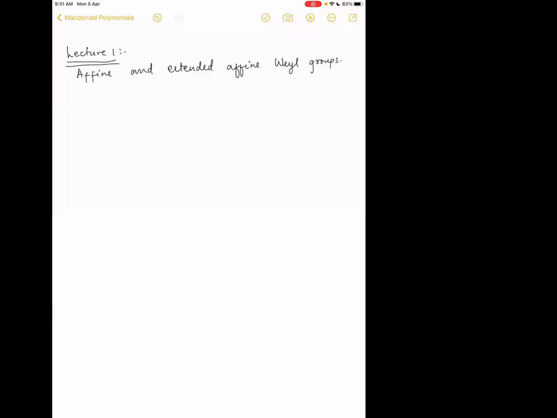So for at least the first 1 or 2 lectures, let me write down the references I have used. The first one is this book by MacDonald, Affine Hecke Algebras and Orthogonal Polynomials.